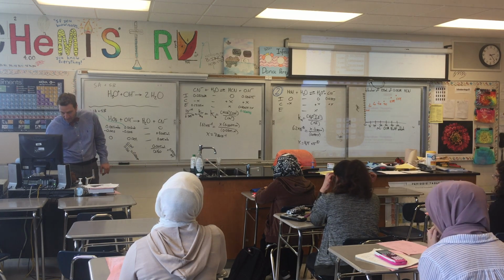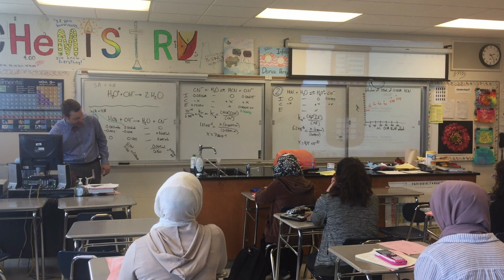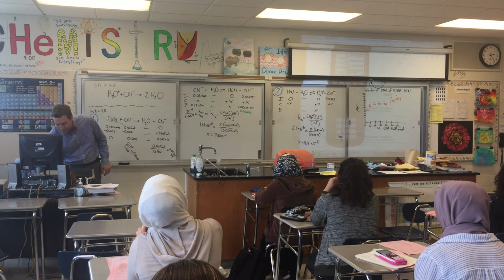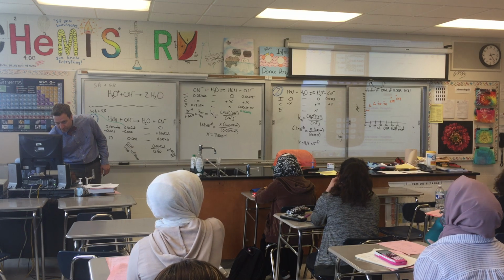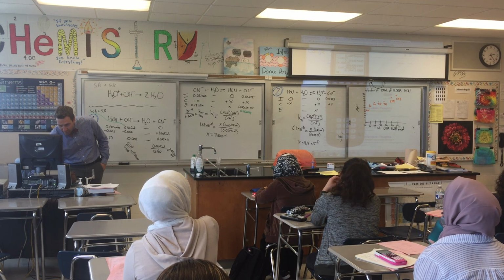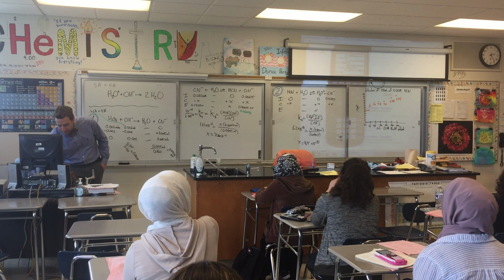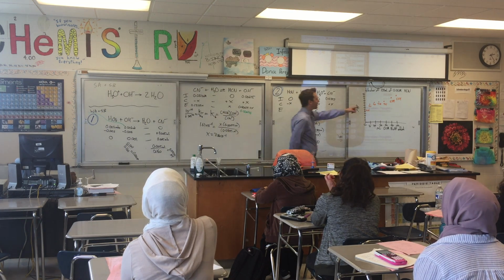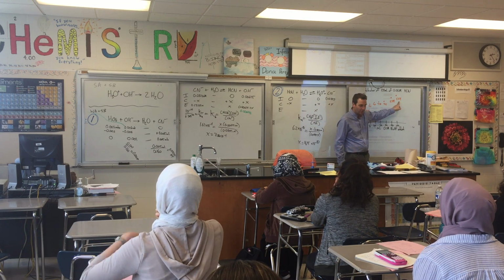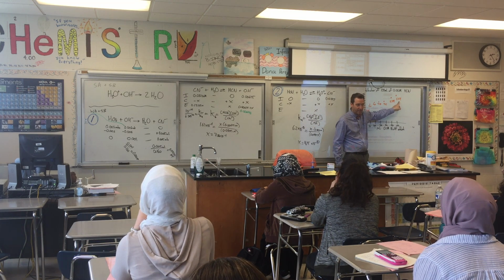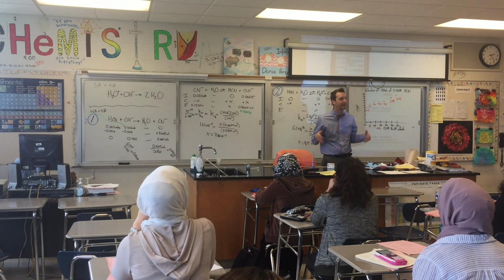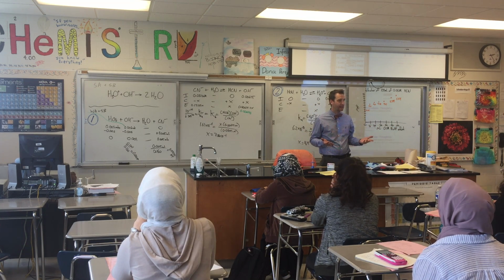What's the negative log of 0.00625? 2.204, 14 minus that, 11.795. We got 11.84, so we would have got pretty darn close to this answer just factoring in the excess hydroxide and finding the pOH from that.